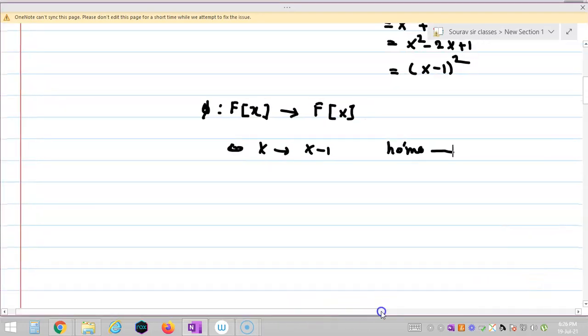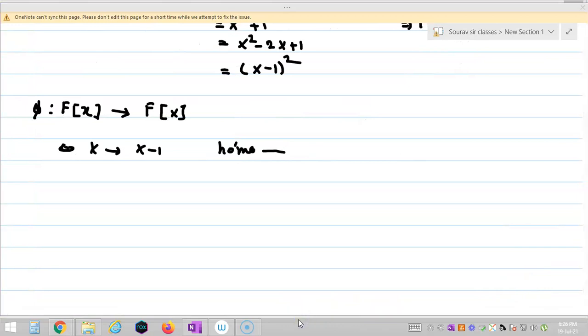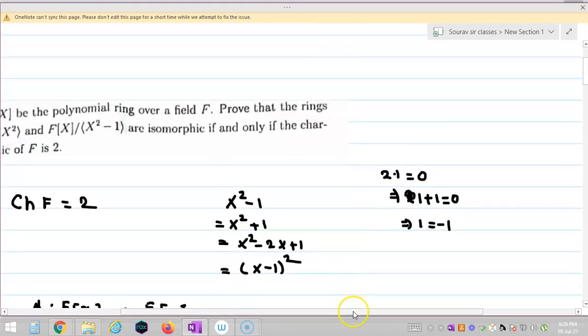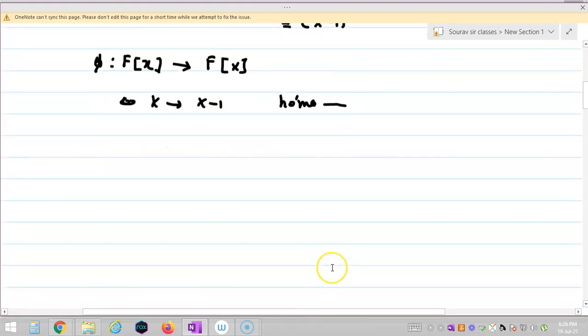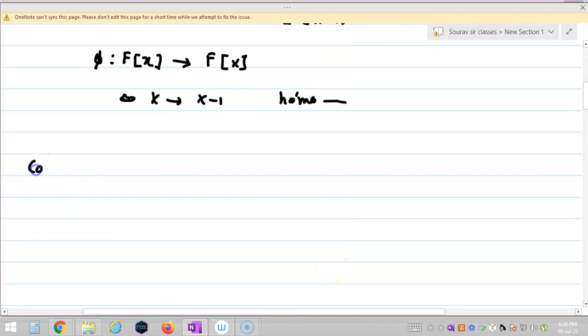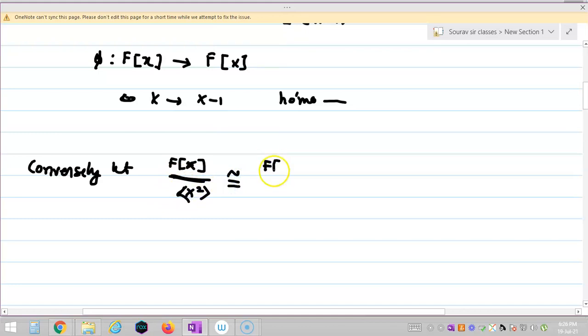Okay, so let's solve the next part, where we consider that these two rings are isomorphic. Then we need to show the characteristic must be 2. So conversely, let F[x] by (x squared) be isomorphic to F[x] by (x squared minus 1).